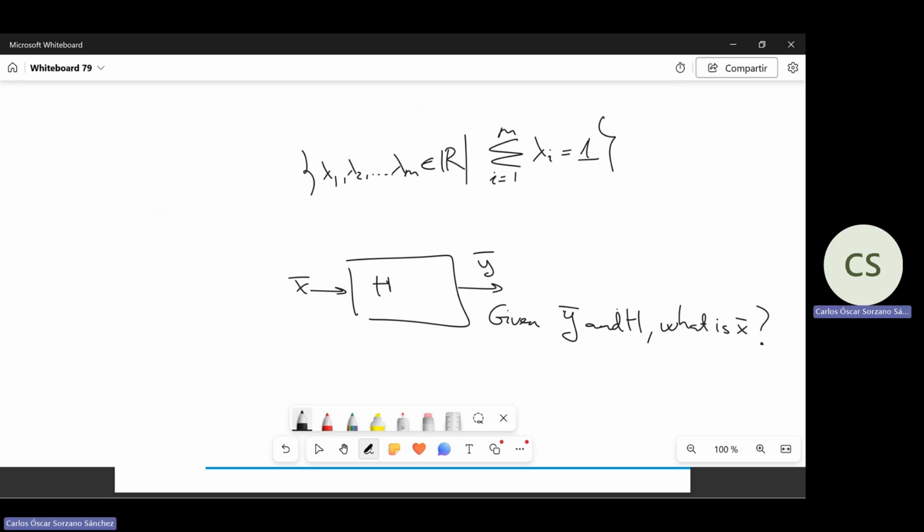And typically you can solve it like this: minimum of Y minus H applied to X.